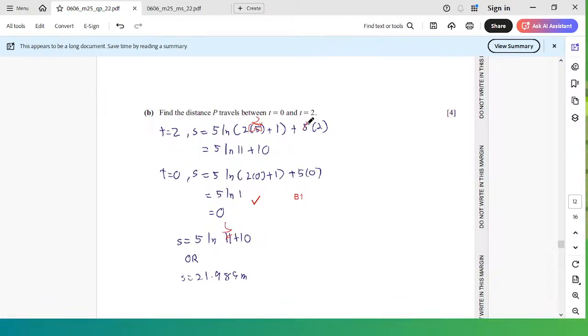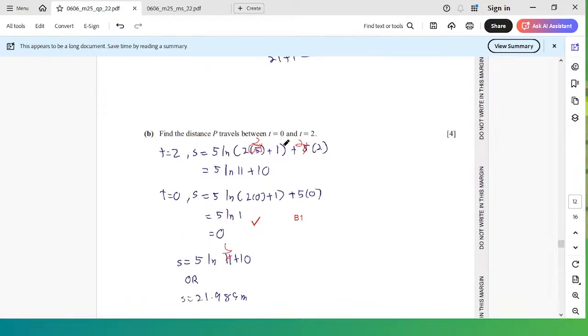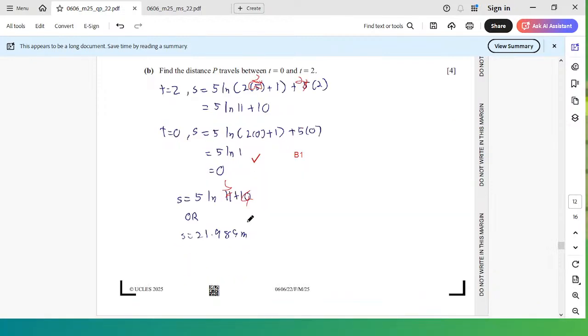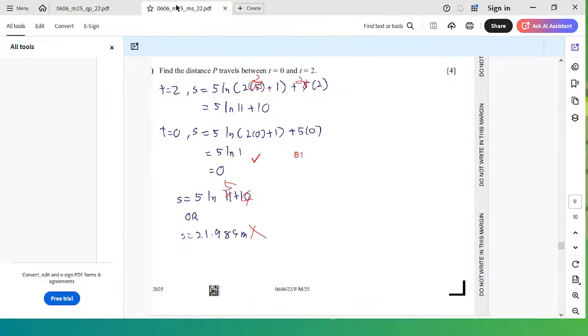Oh, yeah. Not great. 5 lone, this should be 5 lone 2 plus 4. Not great. That means this gives me, I'm not sure, I think this is only B1.